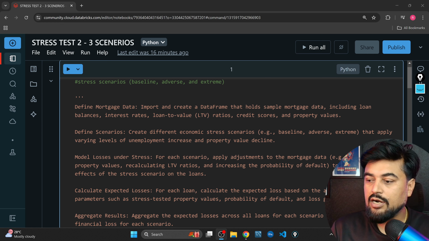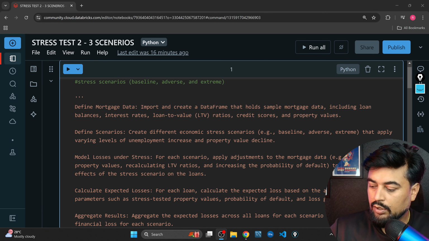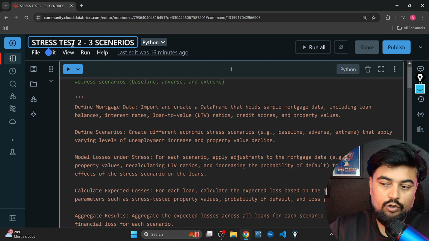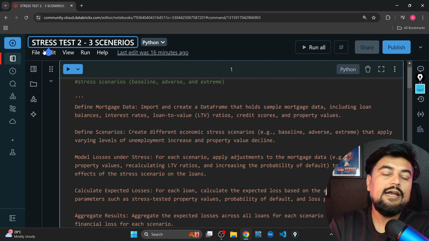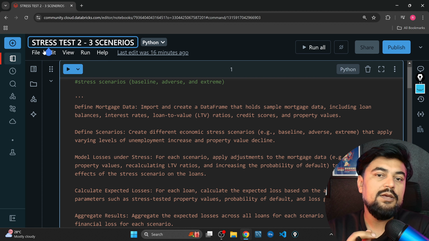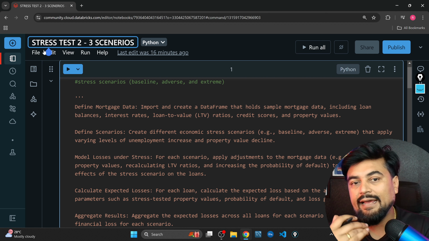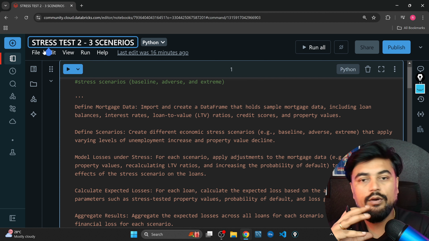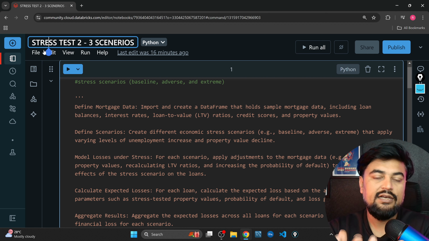So guys, let's start today's discussion. As I mentioned, the topic for today is stress testing. What is stress testing? In the credit risk models which banks are running, there are chances that people will default. So to take care of the default, the bank predicts who can default, basically the customers which the bank has.